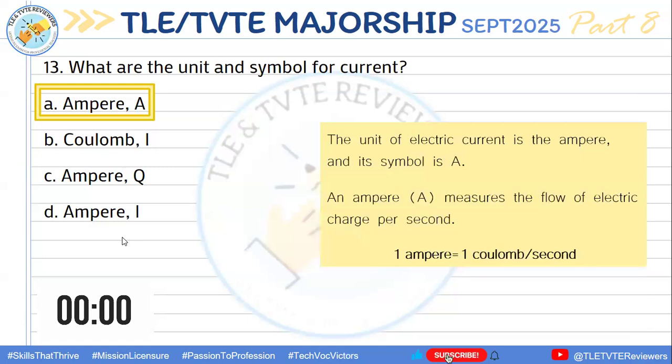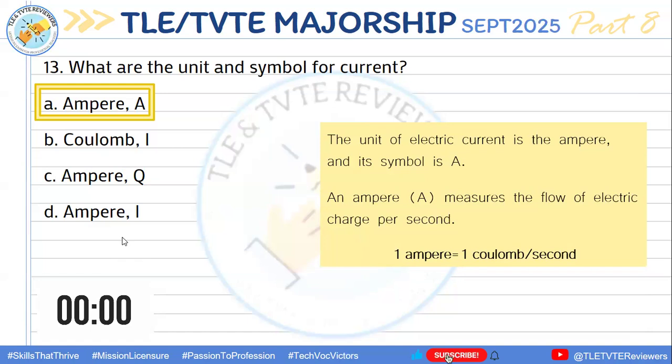Letter B, coulomb, that's I. Coulomb is the unit of electric charge, not current. Also, I is the symbol for current, not for charge. Letter C, ampere, or letter Q, still incorrect because ampere is the correct unit, but Q is the symbol for electric charge, not current.